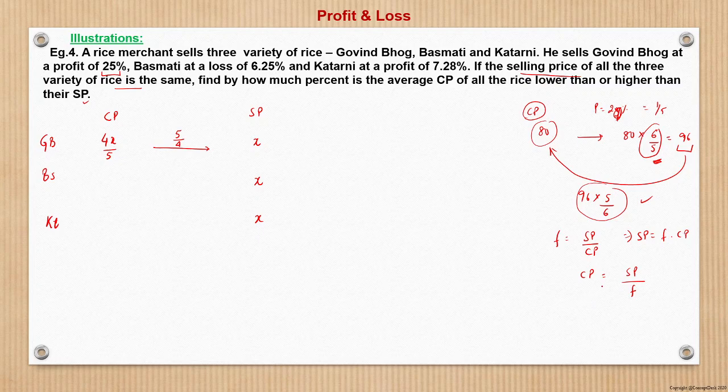If there is an increase of X percent from CP to SP, then to get back to the original, it will be a decrease from SP to CP.